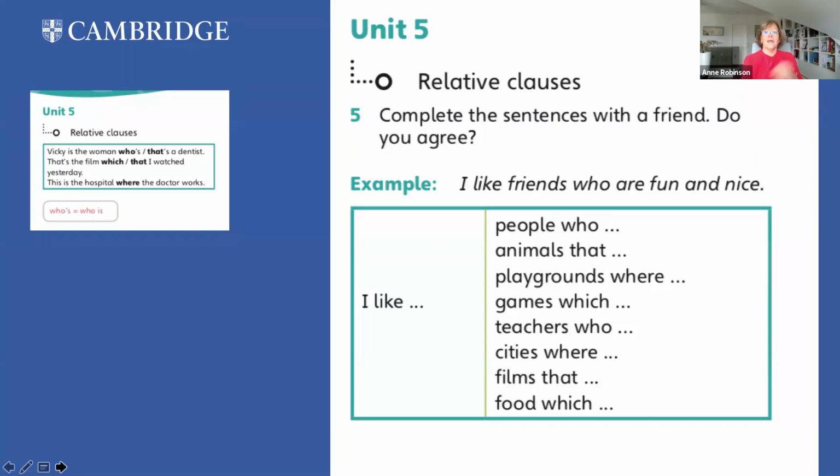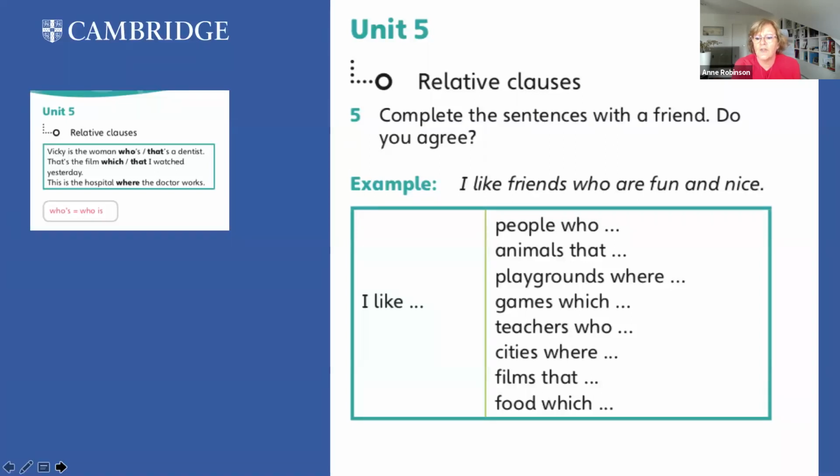Can you think of any other grammar areas that would lend themselves to this kind of activity, where we would give students the start of some sentences and they complete them and then compare their ideas, their opinions? So we've got relative clauses. Any other grammar areas? The past simple, Nicola?